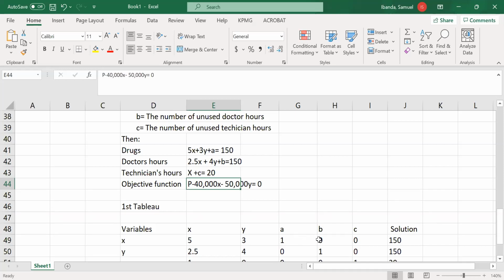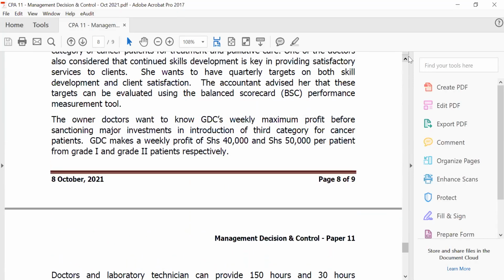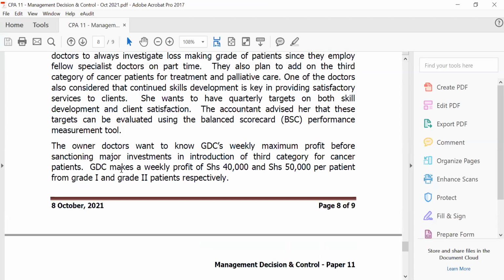And if you remember from what we are trying to look at, that P, we actually got it from this statement. So that is what you need to utilize. So P is the solution, the objective function at hand.